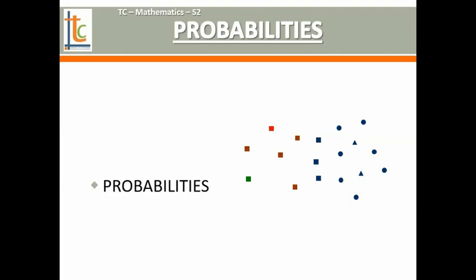So in order to be able to calculate probabilities in every possible situation, we have to be able to do combinatorics. That is the term that is used to count the situations or the elements inside some sets.